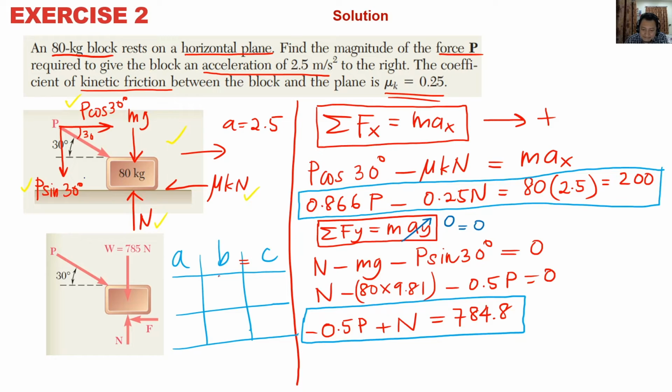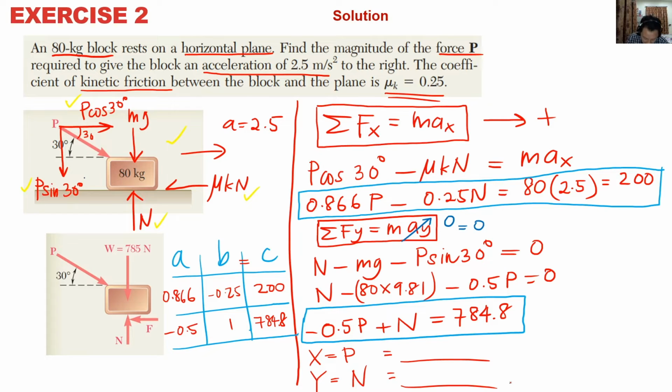So arrange properly, P in front. 0.866 B minus 0.25 C equals 200, minus 0.5 and 1 equals 784.8. So the first one will be X, the second one will be Y, and so on. So punch in your calculator.